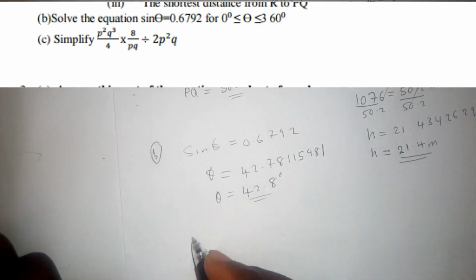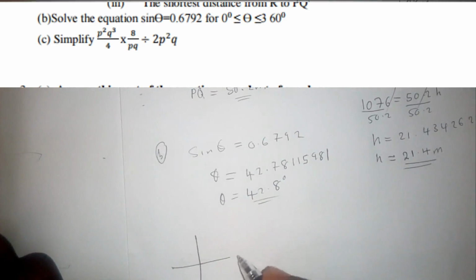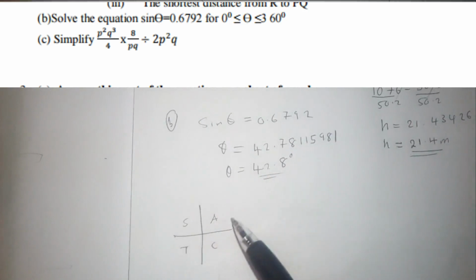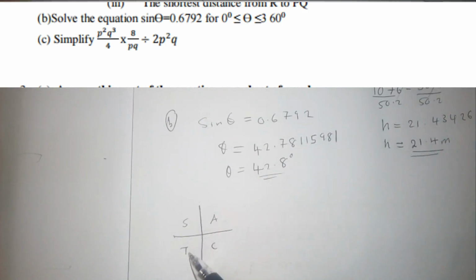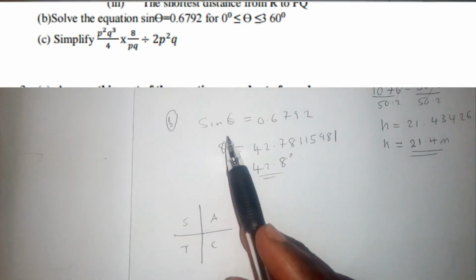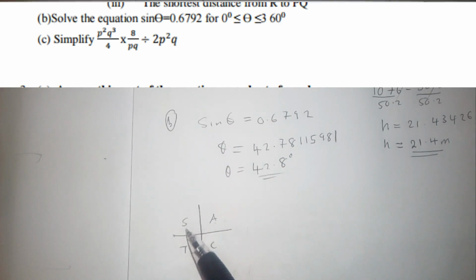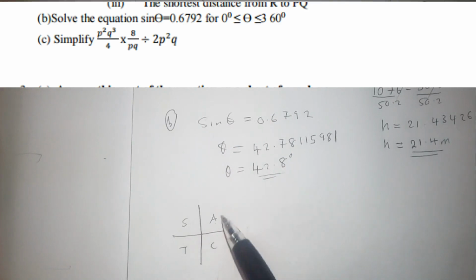So what we can do, we can use this idea. We need two answers. This is our first answer. Another one, we'll do this. When dealing with angles, there is what we call the first quadrant, second, third, and fourth. You find that sine is positive in the first and the second. You can use this mnemonic, all student take calculus.